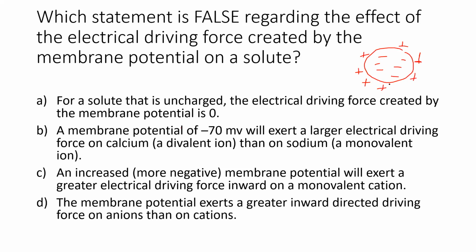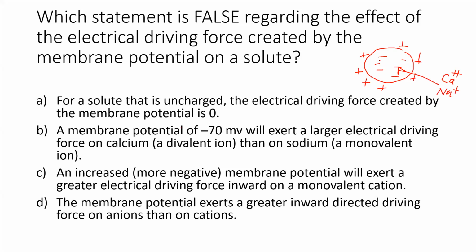A more negative membrane potential will exert a greater electrical driving force inward on a cation, a positively charged particle, like say calcium or sodium. So this statement is also true. There is going to be a stronger inward driving force. These cations are going to want to go into the cell more if there is an increased or more negative membrane potential.